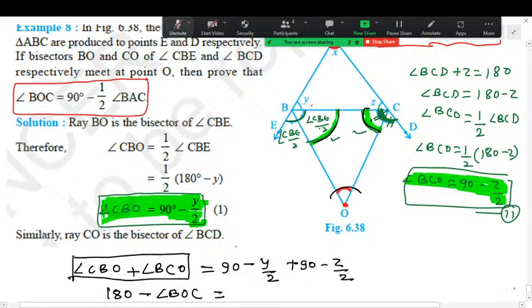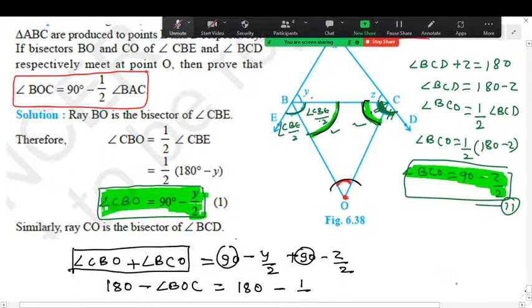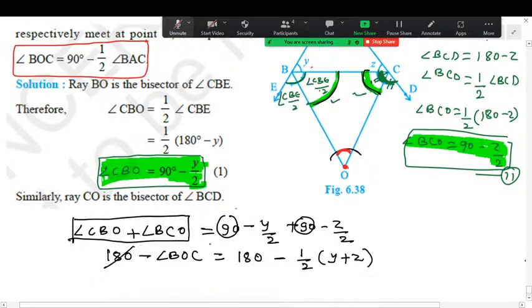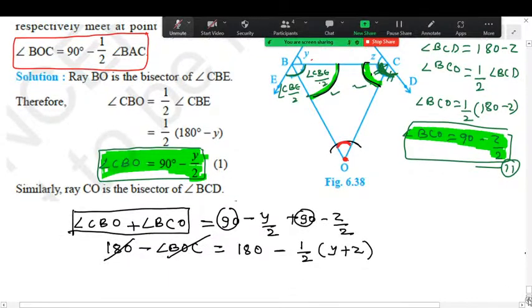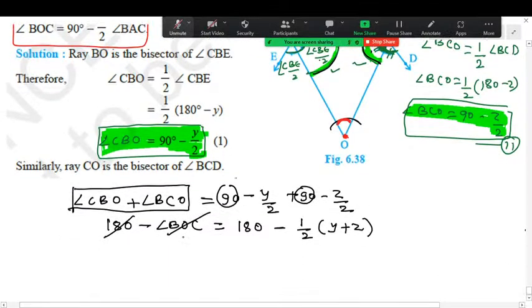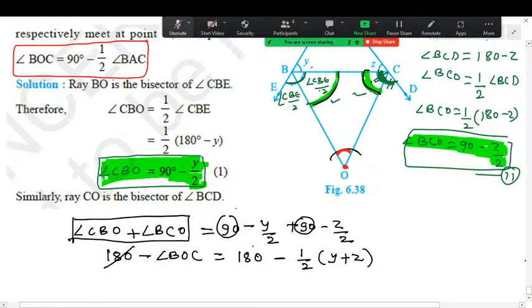And these 90 and these 90 will give you 180. Now you have a minus symbol. One by 2 can be taken common. You get Y plus Z. Now you can cancel out these two 180s, which have the same sign.